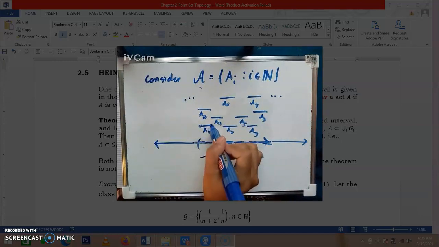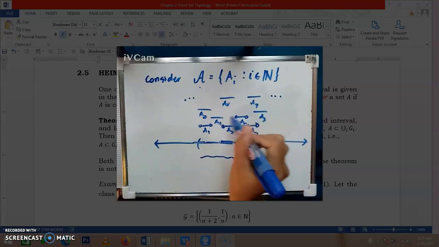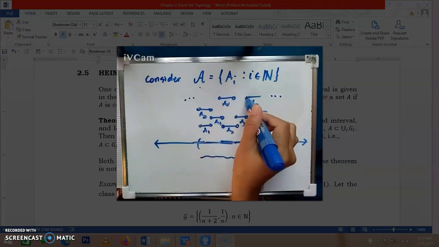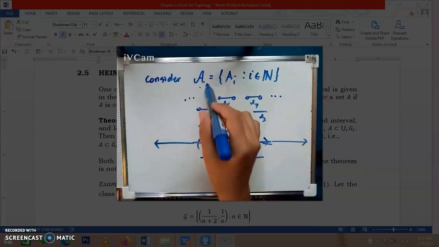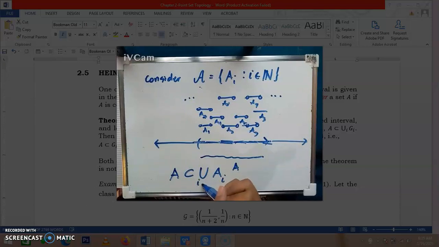Say this is open, open, open, and so on. So again, we call the class an open cover or cover if the set is contained in the union of A sub I.